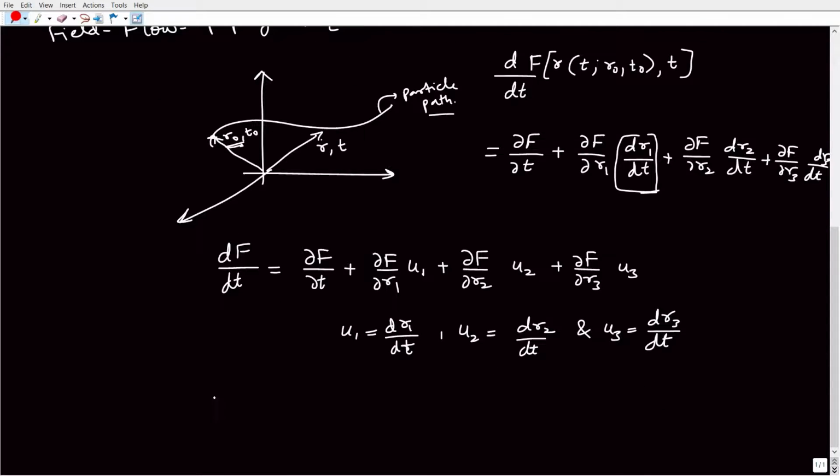So we can also write df by dt is equal to del f by del t plus, in the vector notation, u dot del f. This is the total derivative of the property with respect to time.